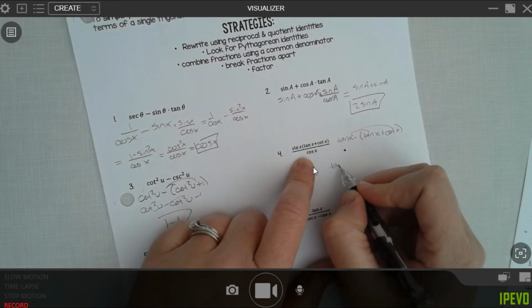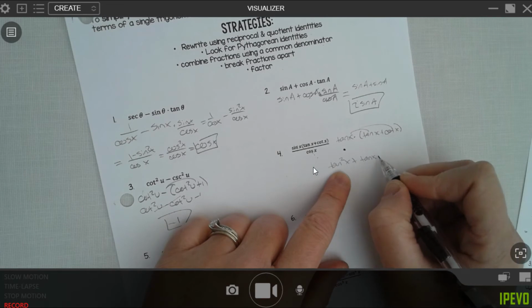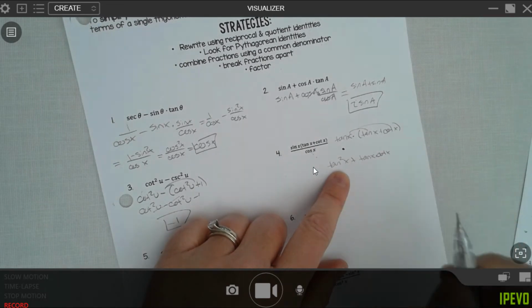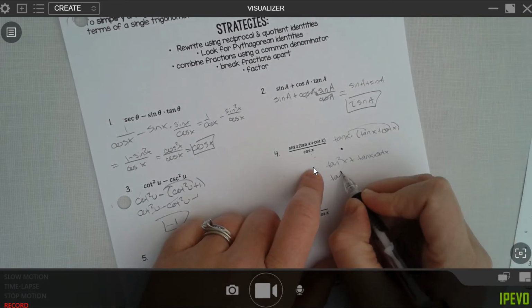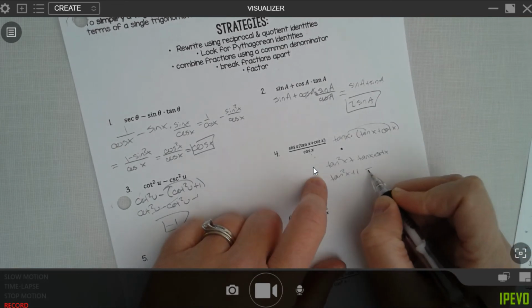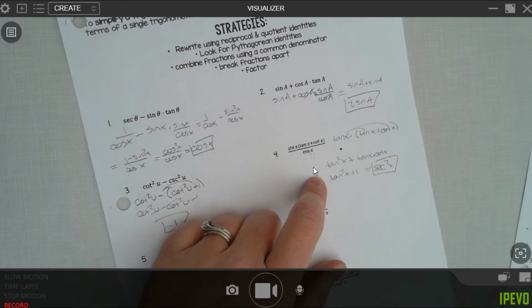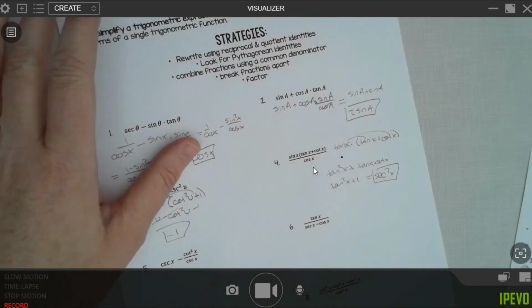So I'm going to get tangent squared of x plus tangent x times cotangent of x. These are reciprocals of each other, you guys, so that becomes 1 right here. So really I get tangent squared of x plus 1, and that gives me secant squared of x, because that's one of our properties on our paper right here. Tangent squared of x plus 1 is secant squared.